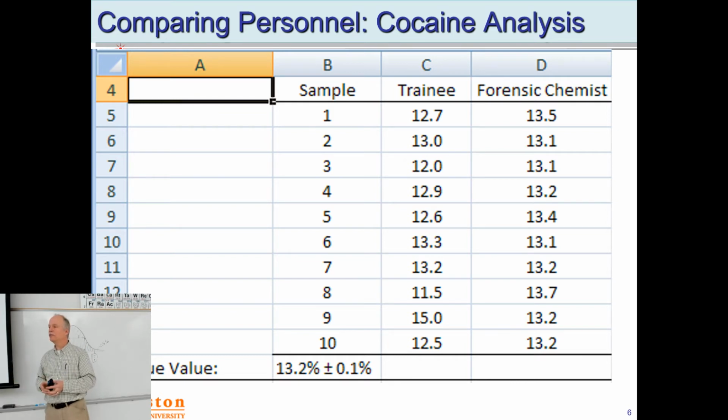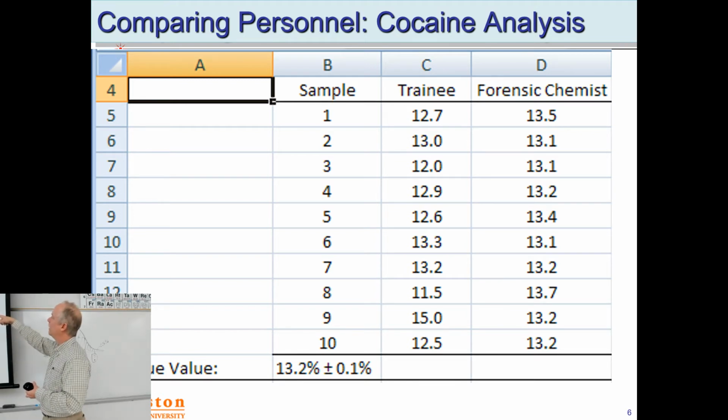Range is another one. Okay, what's the range? That doesn't require how long it took you to take the standard deviation, right? You got the column of differences, square them, add them together, all that business. We could just look at the range. So here we have a 15 and 11.5. Okay, it's a pretty big range.